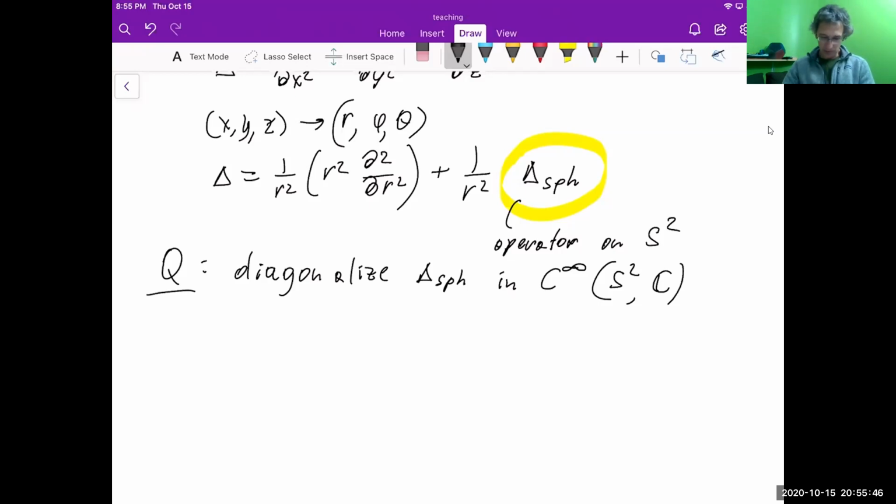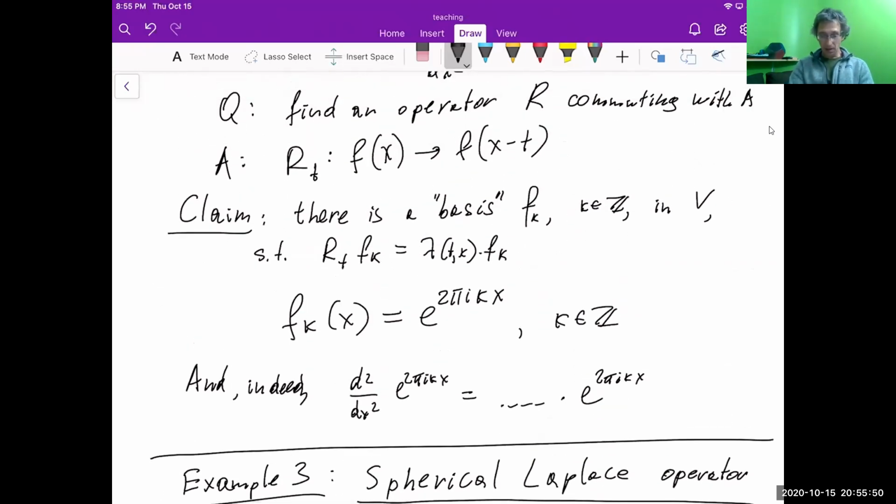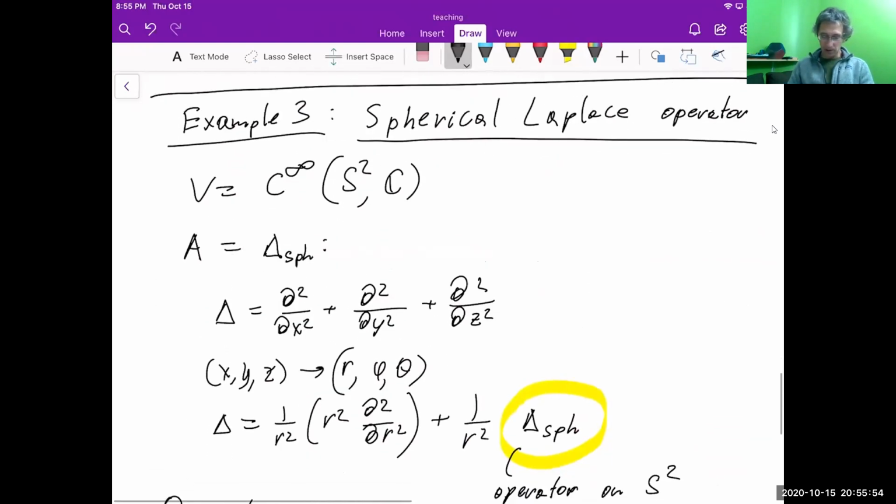Well, by now you can probably guess how you would do that. The nice part about this is that it's not some random operator. This operator has symmetries. The Laplace operator is symmetric with respect to rotation of R3. Again, the word symmetric for an operator means the same thing as before, namely that it commutes with any rotation of the three-dimensional space.